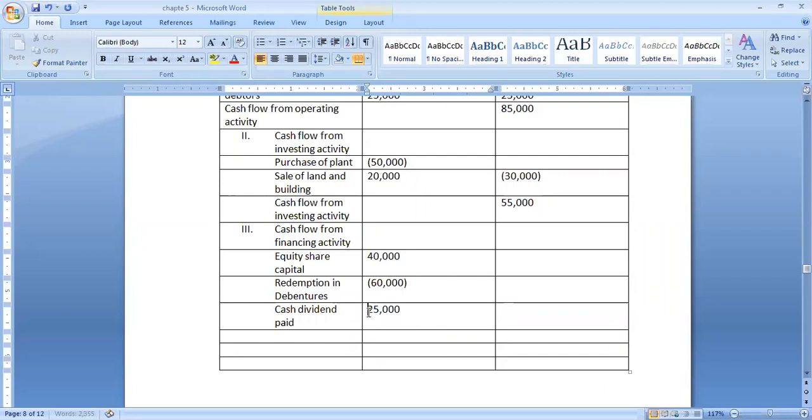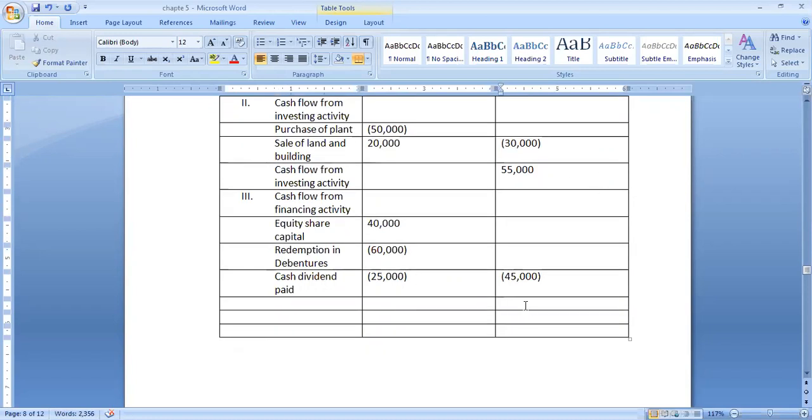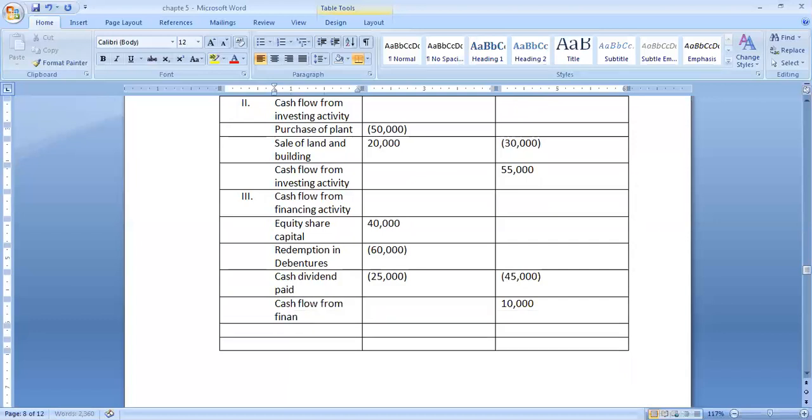So whenever there is a payment, it is the outflow of cash here. So take all these into consideration. 40,000 minus 60,000 minus 25,000 will give you 45,000 here. And now 55 minus 45 will give you 10,000. So this 10,000 is called cash flow from financing activity. Clear?